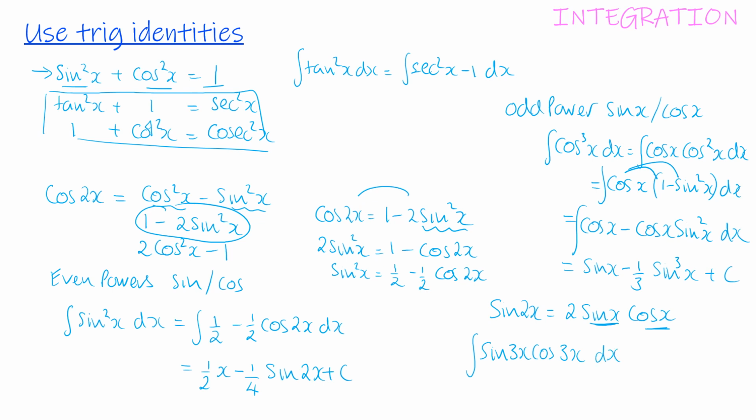So if the angles here are single, it's going to be double over here. So if I had 2 sine 3x cos 3x, I would have sine 6x. So whatever those angles are there, it is double here.